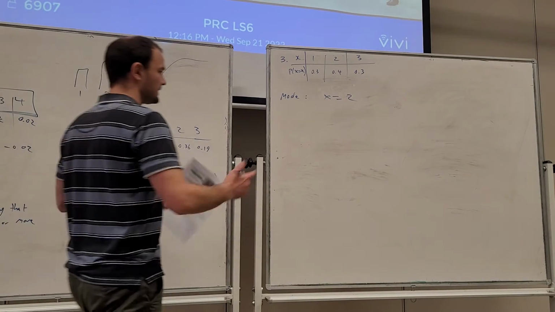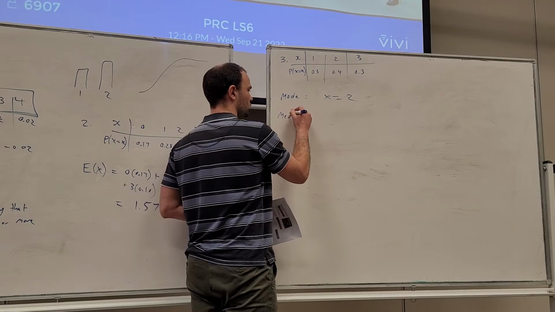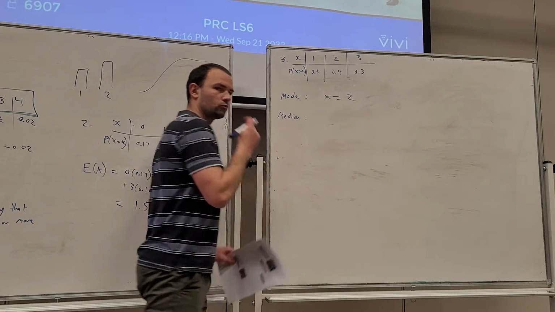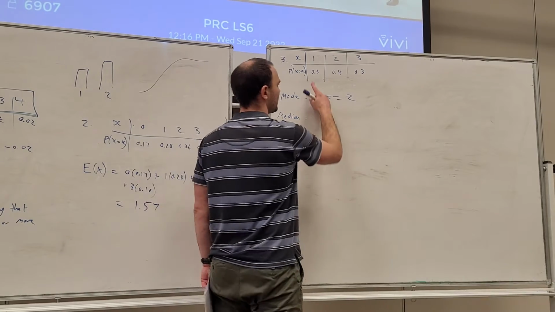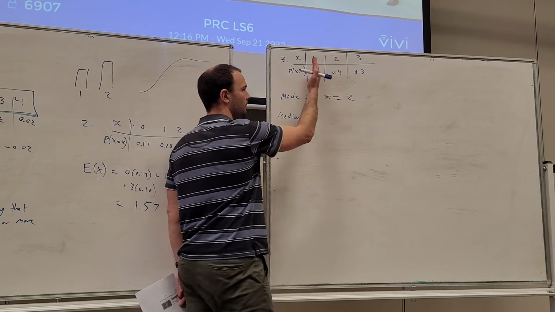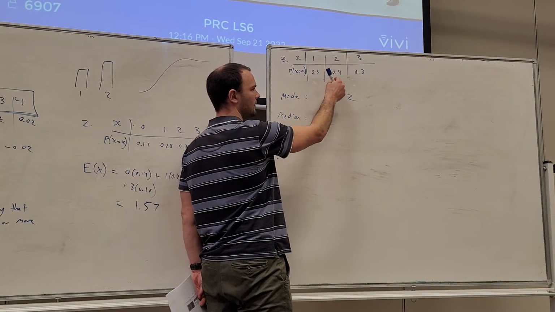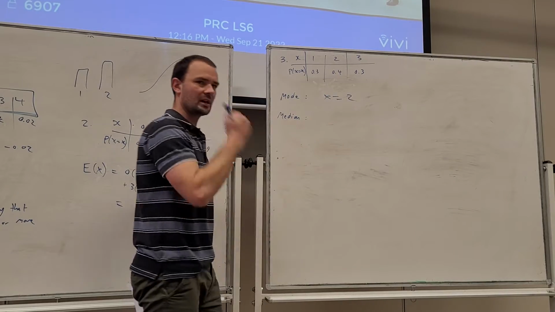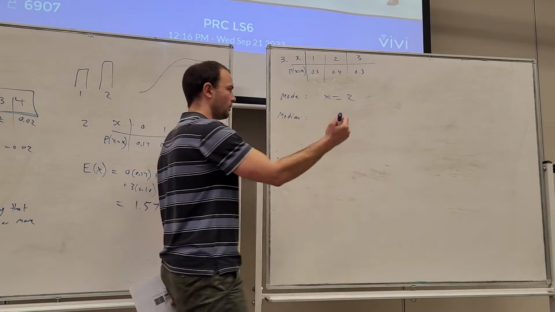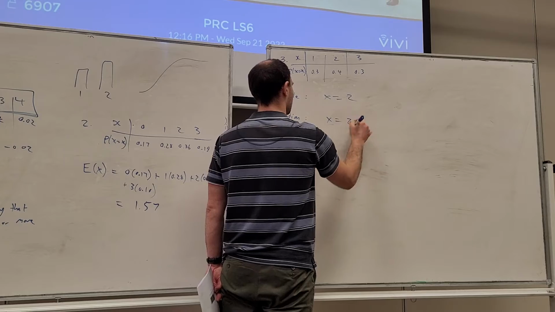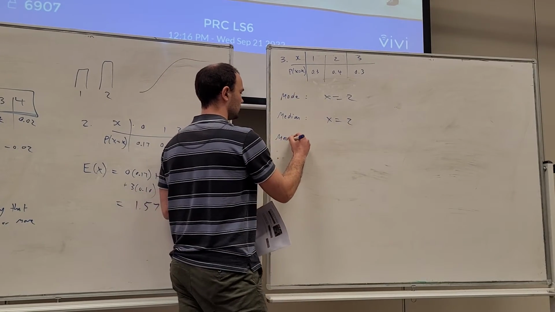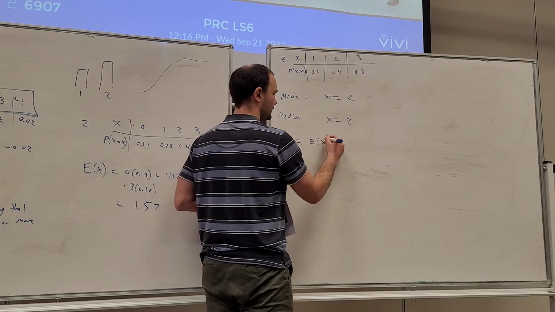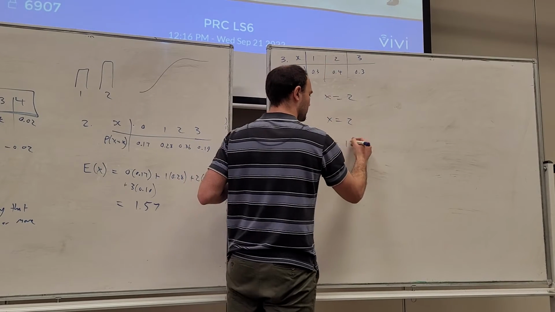The median is the event that corresponds with the cumulative probability reaching or exceeding 0.5. So we look here, we've got 0.3, and we move along, we add those probabilities together, we get 0.7, which has exceeded 0.5. So the median is also 2. And then the mean is the events, each event times the probability.